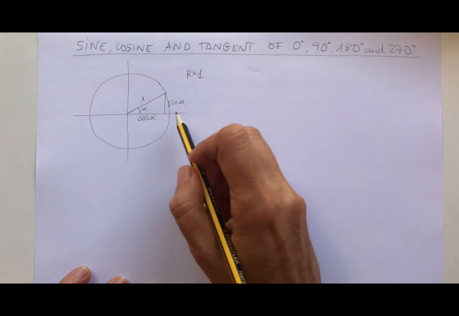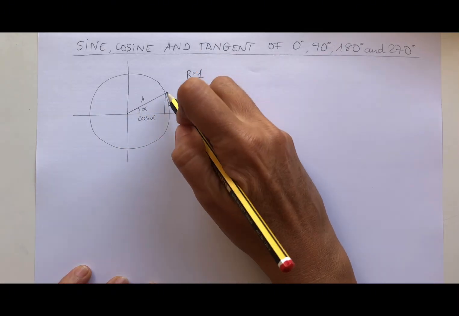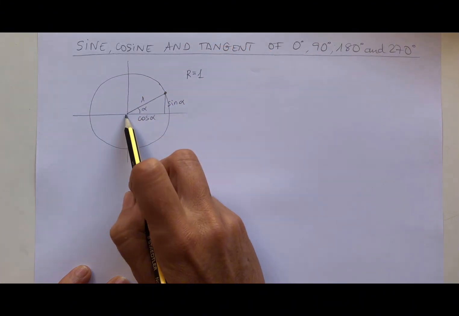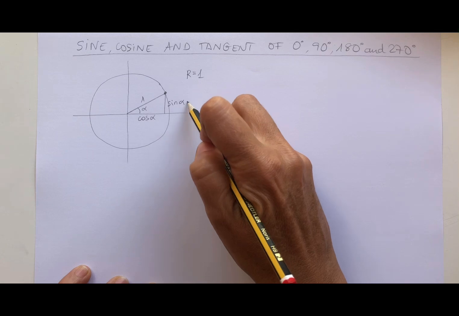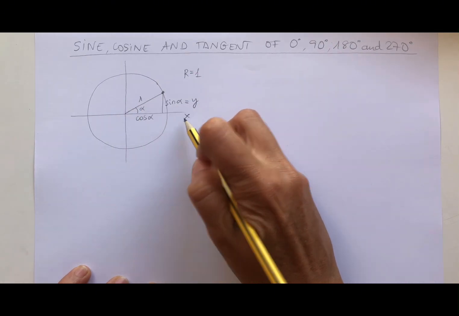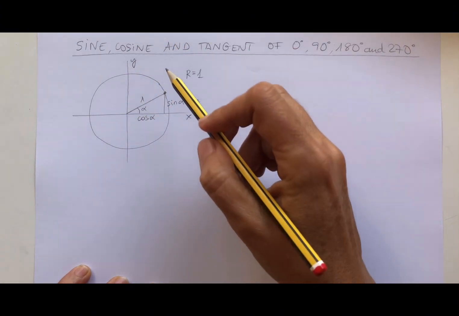So if we think of the point where my angle intersects the circle, which is this, we can say that sine equals the y coordinate of this point, if this was my x-axis and this my y-axis.